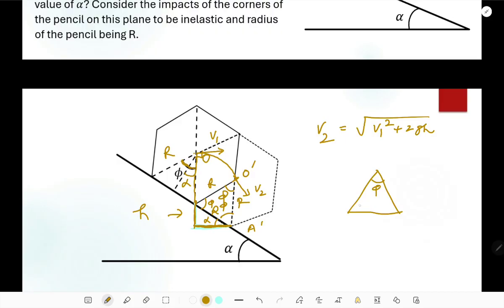But if this is not a hexagon, this angle is something else. But these two angles must be the same. If I say this angle is beta, then this angle will also be equal to beta, and what will be this length? I don't know, r dash in that case. So you are going to get something like r dash, beta, and here phi plus 2 beta must be equal to 180 degrees.